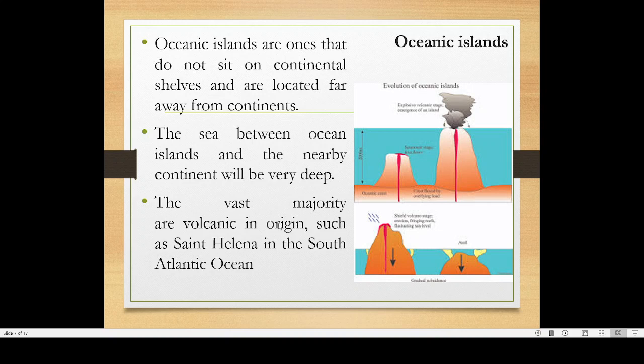Now here you can find one very famous oceanic island, situated very far from the western border of Africa. That island is known by the name Saint Helena. It is presently under the control of the UK. It's a very famous island. Do you know why it is famous? What is the reason for its popularity?